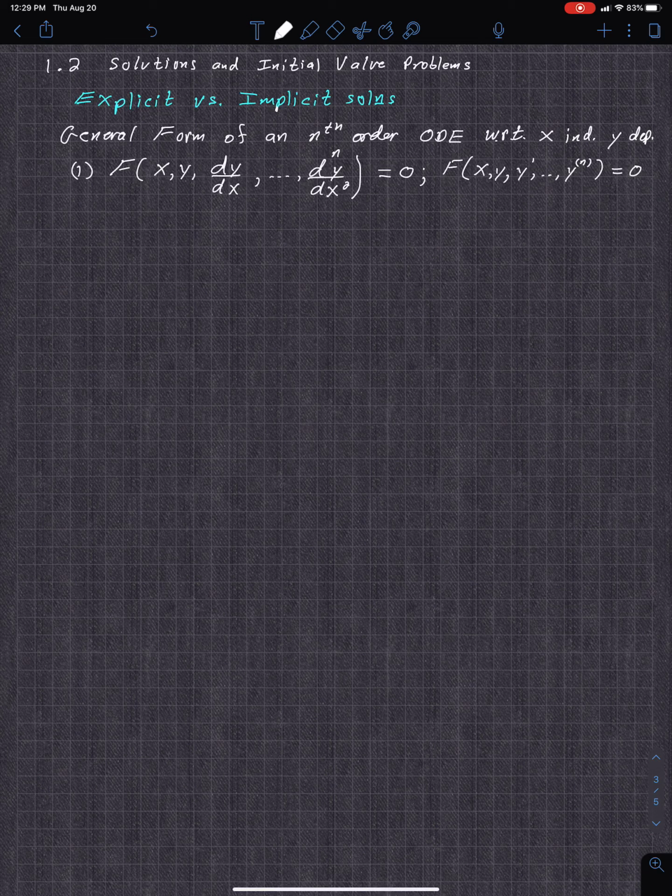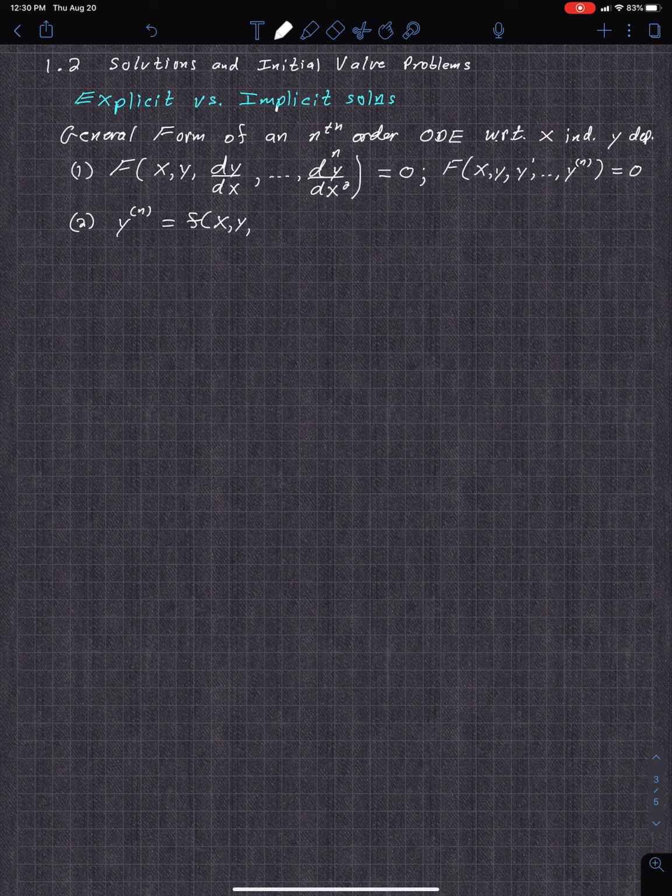So that's equation 1. And then often you can solve for the highest derivative, and that's used a lot for theory and stuff. So y to the n equals f of x, y, and so on. I don't know why they use a little f, but usually they reserve capital F for the implicit form of the differential equation.